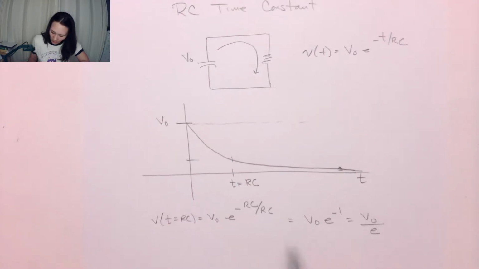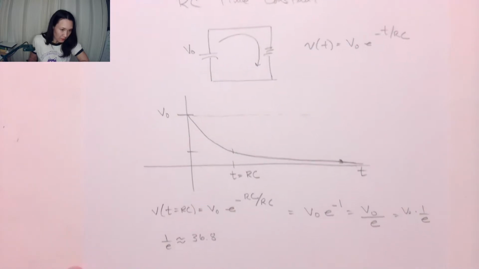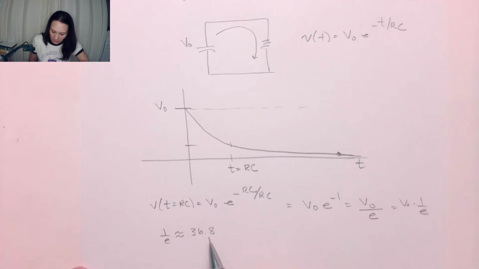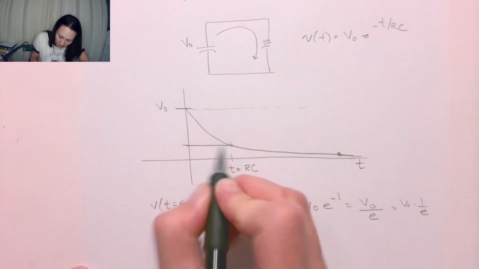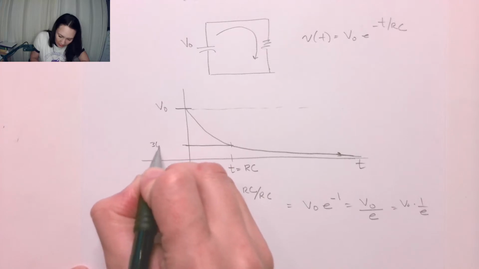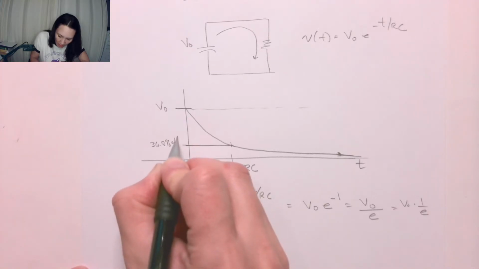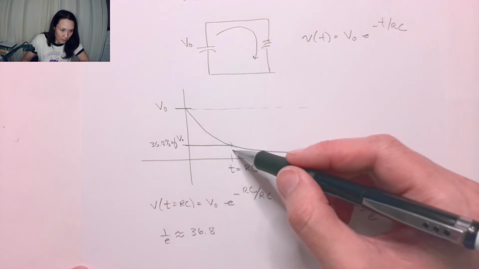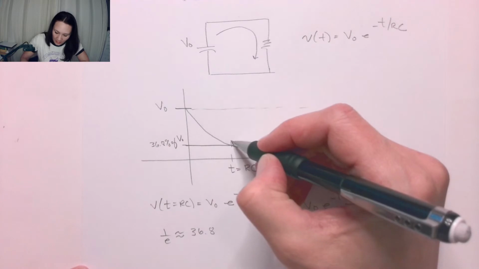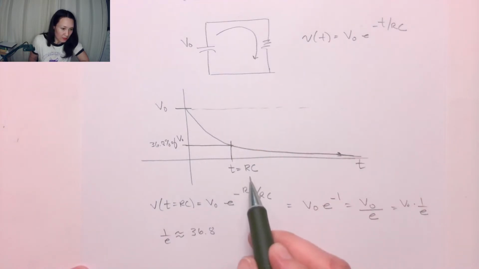It turns out that this V0 times 1 over e, 1 over e, is about 36.8. So what this means is that if we can find where this y value here is 36.8% of V0, roughly a third of this max value, then that's going to give us this specific time t.